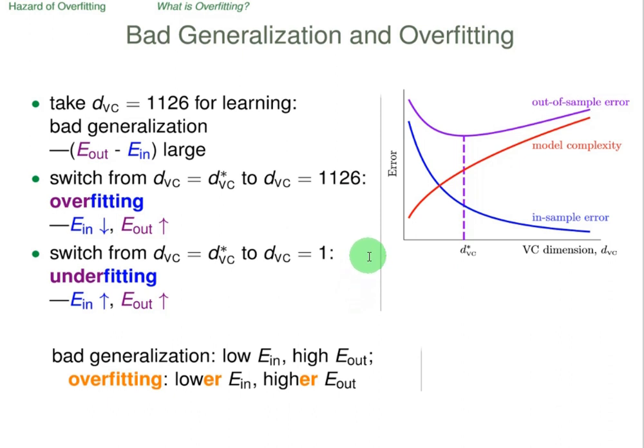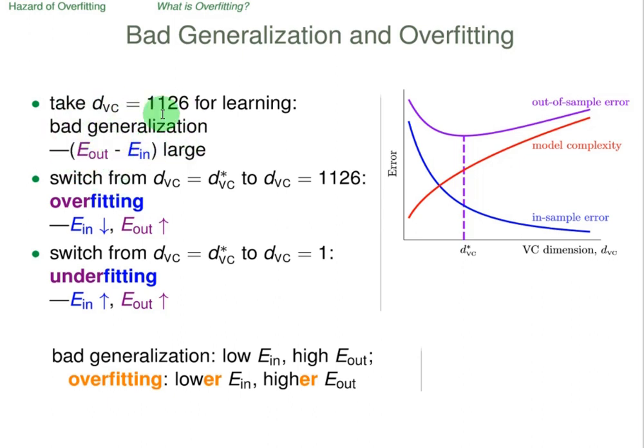For example, we can define it in terms of the VC dimension. Take any hypothesis as an example, with a VC dimension equal to 1126 for learning. And then bad generalization would be the case where the out of sample and the in sample error difference is large.